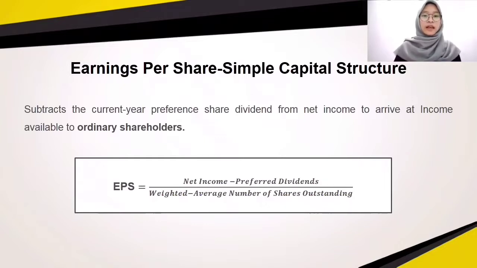Every ordinary share has the right to a share of earnings per share in the amount obtained from the calculation. However, it is not what is distributed to shareholders. That still has to be determined at the general meeting of shareholders.